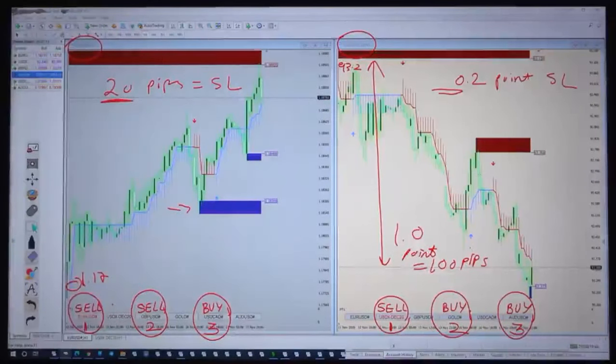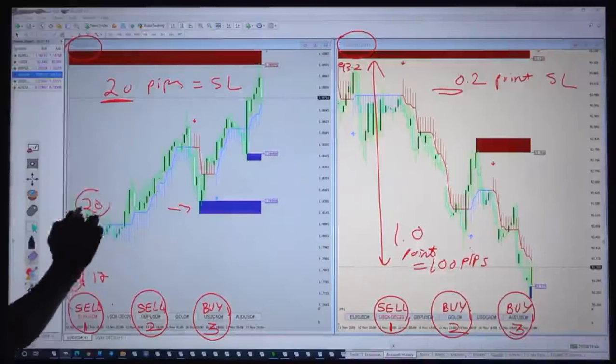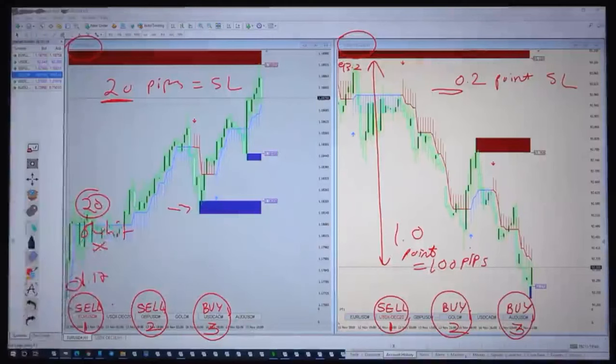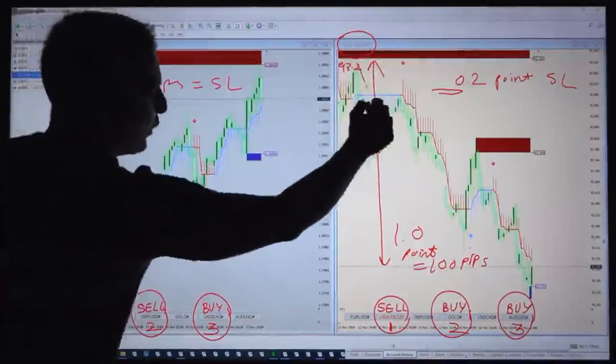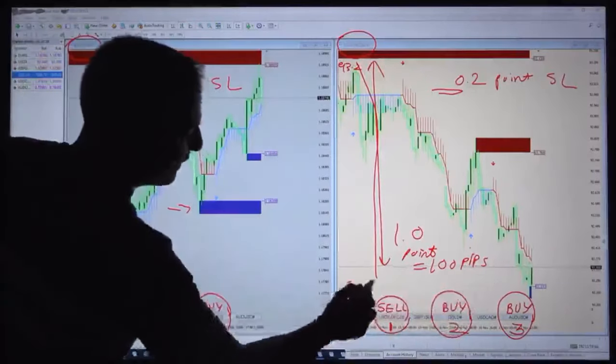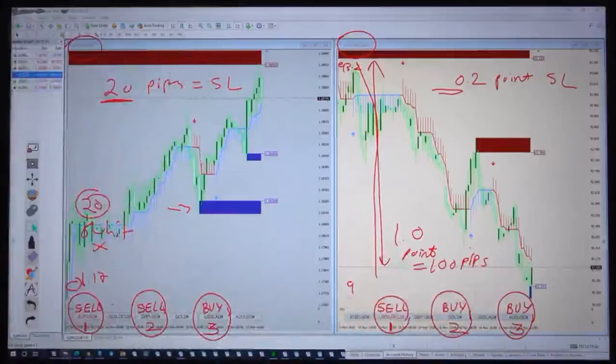Now as you can see from the chart, what actually happened here, our 20 pip SL is hit. So we booked the loss and we exited the position. But in USDX, as you can see, from 93.2 to straight away 92.2, so direct 1.0 point, a full 1 point gain.